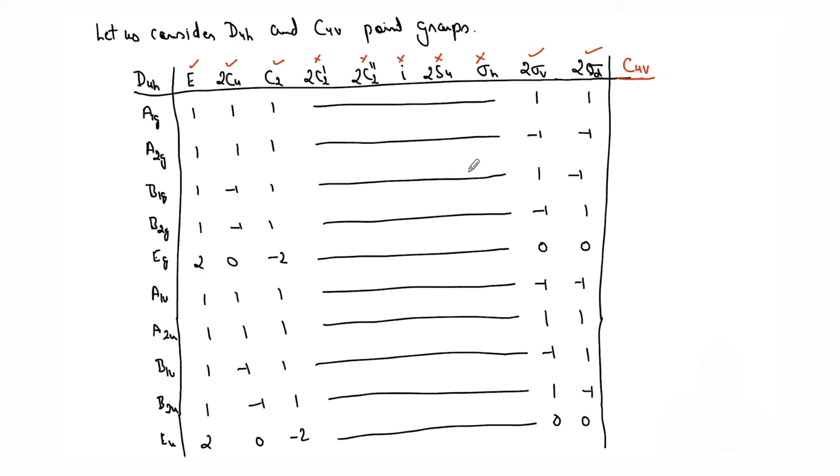Okay, so now if we read out only these characters from the C4v character table, then what do we get? We'll write down the Mulliken symbols corresponding to these characters which are now present, and do not care about the ones which I've left blank, but read out the C4v character table and write down the Mulliken symbols here. So what do we get here?